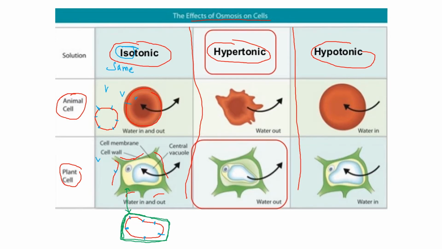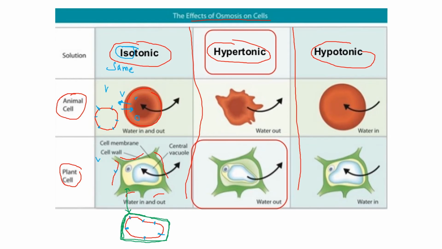So it means water will move in and out of the cell freely, and the same amount of water will move outside of the cell and inside of the cell, because the concentration of the salt will be the same on both sides.